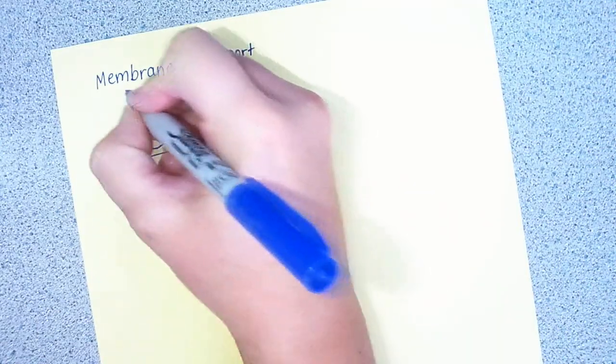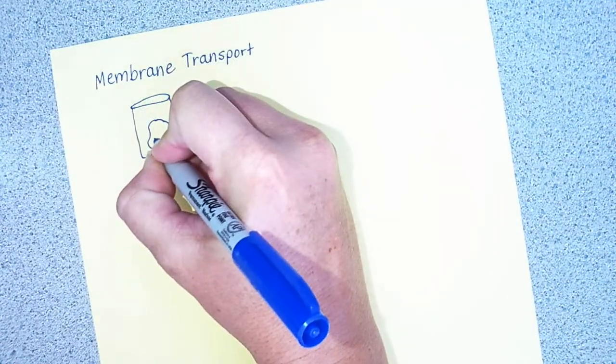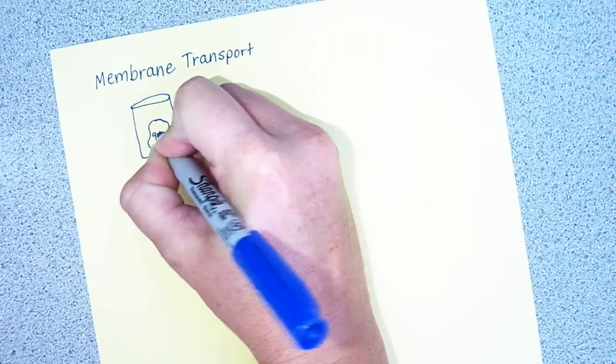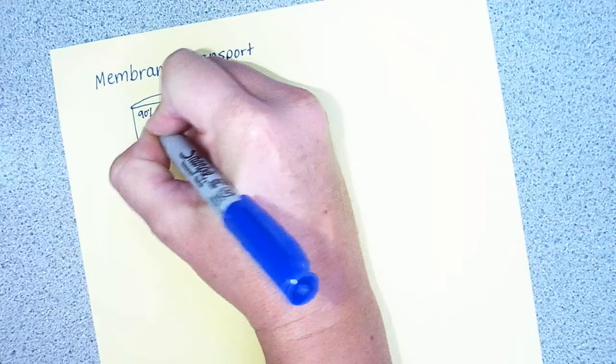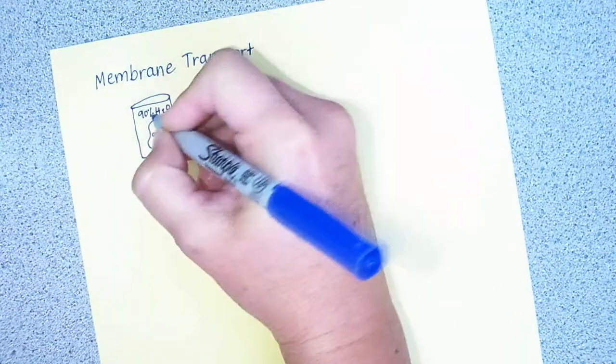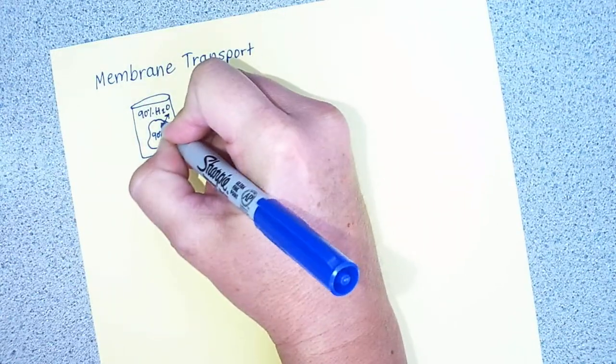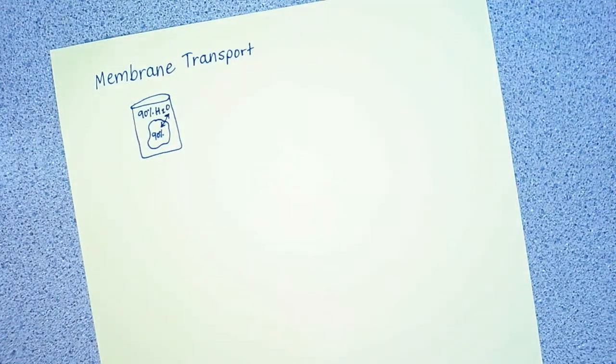So for example, let's say we had 90% water inside the cell and we have 90% water outside of the cell. And so what's going to happen is we're going to notice water moving in both directions across the membrane. Some water is going to go into the cell, some water is going to leave the cell, and it's going to do so in a somewhat equal fashion.